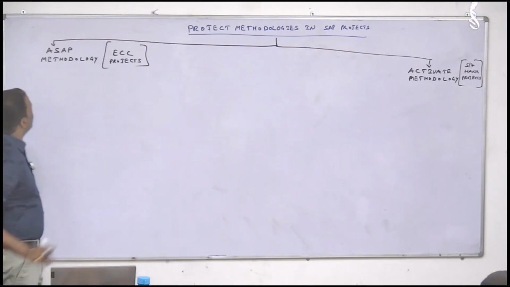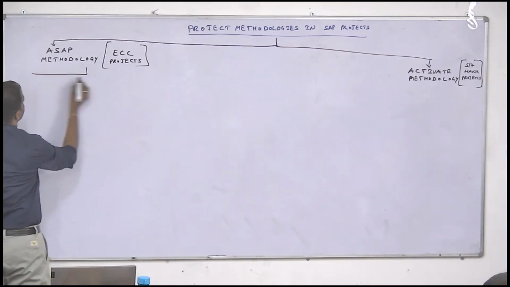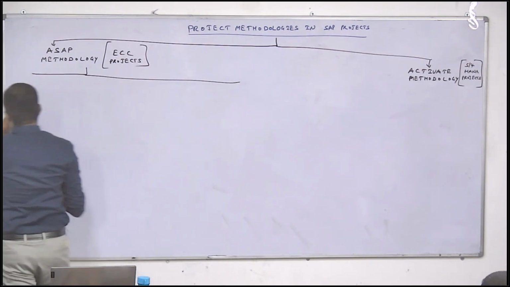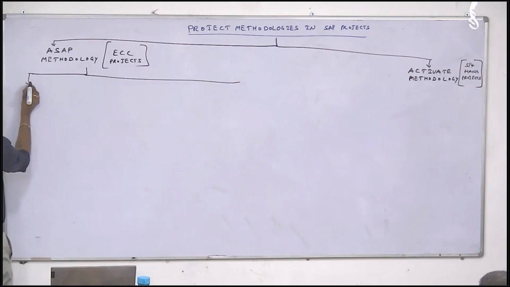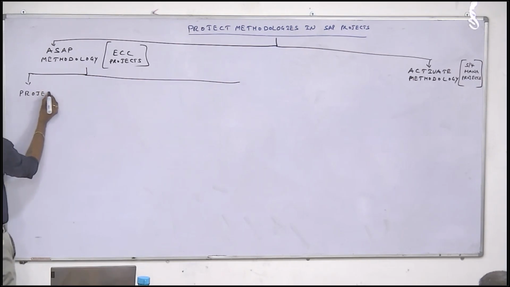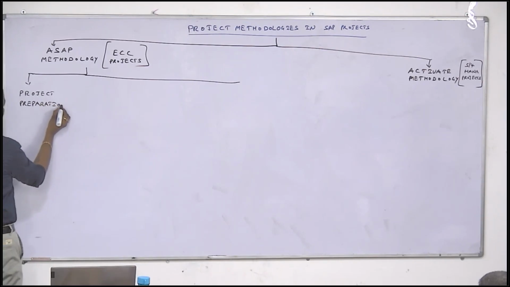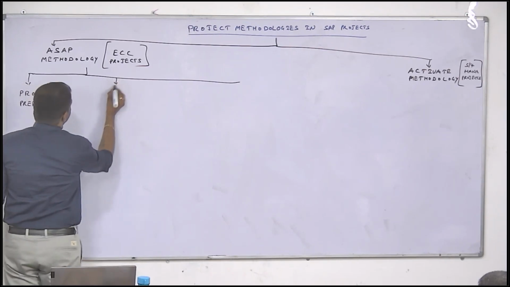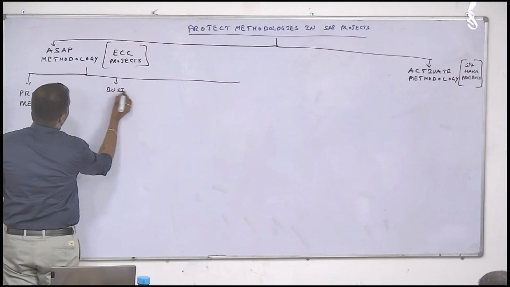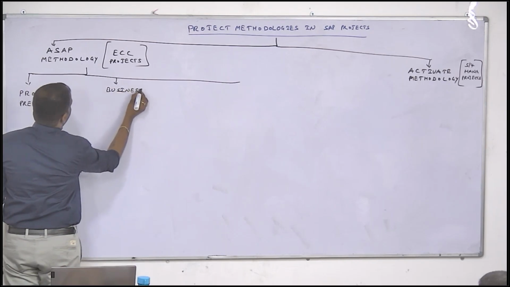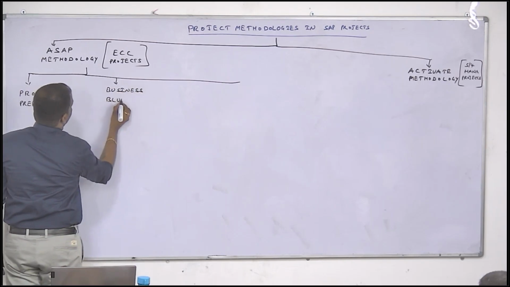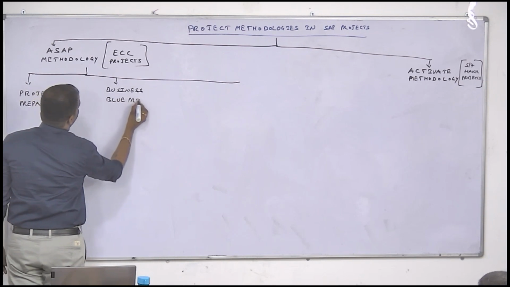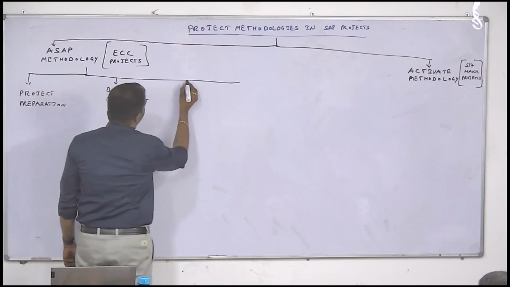If you take SAP methodology, mainly we have 5 steps. What is the first one? What is the second one?